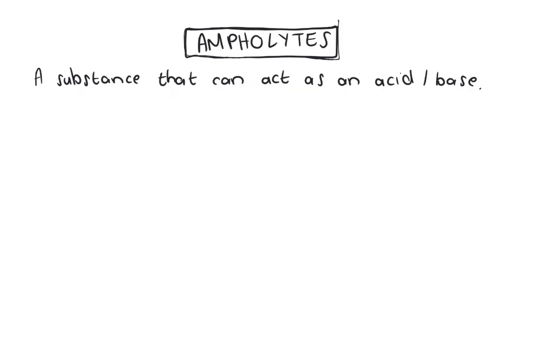Next up we have the ampholyte. An ampholyte is a substance that can act as either an acid or a base. Water is a very common example of an ampholyte because it can either act as an acid where it donates one of its protons and it becomes the hydroxide ion, or it can act as a base and it can receive a proton and then it becomes my hydronium.